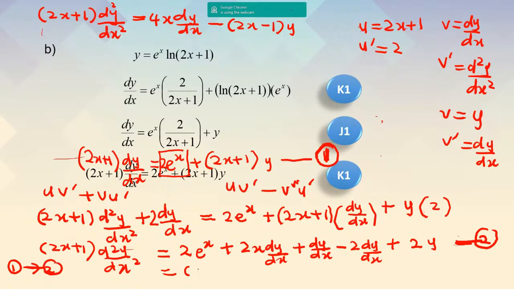So 2x plus 1. Well, you can expand later. 2x plus 1 dy over dx minus 2x plus 1 y.